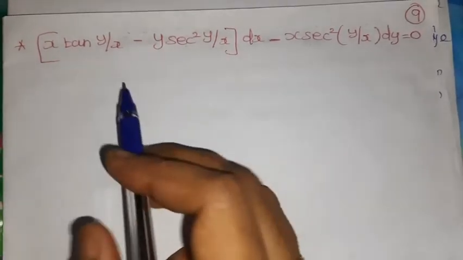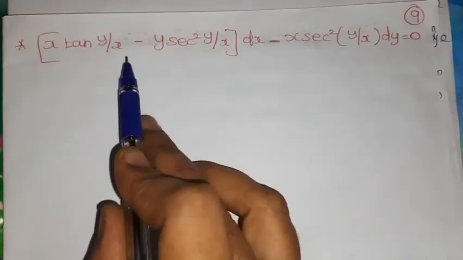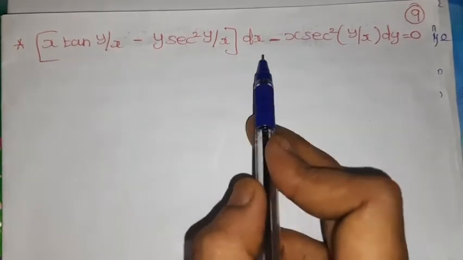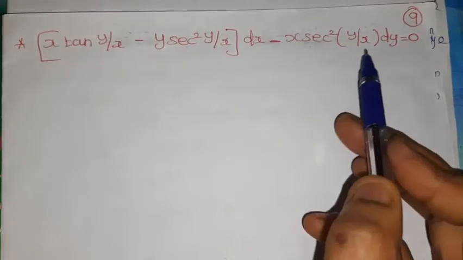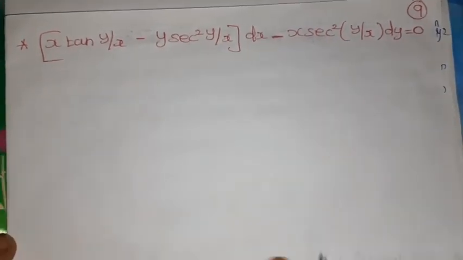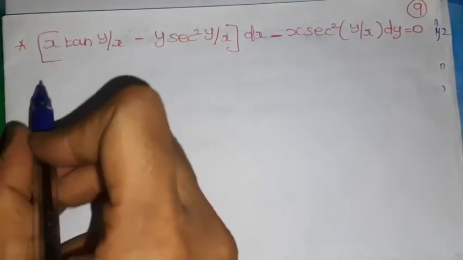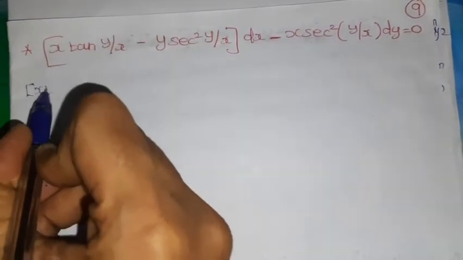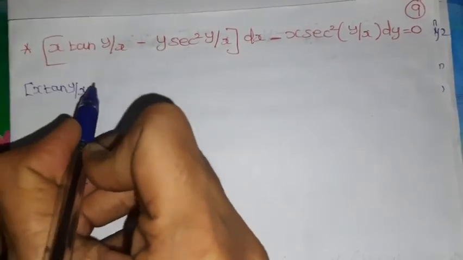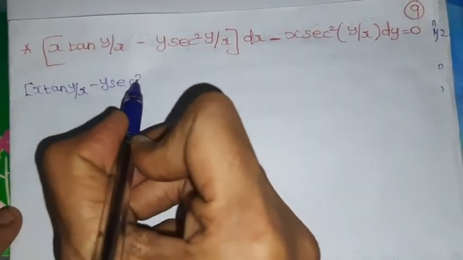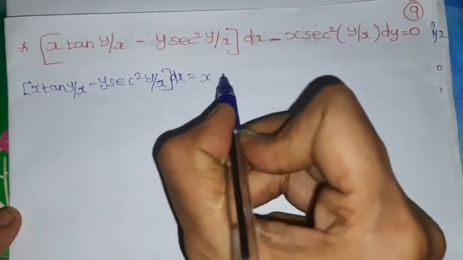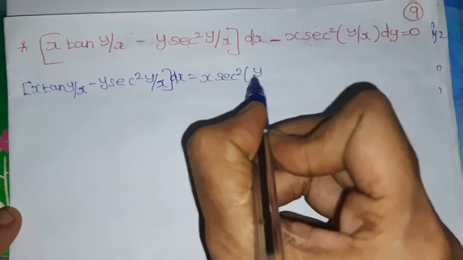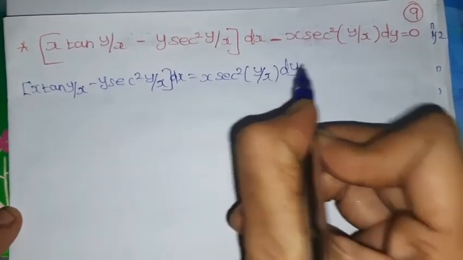x tan y by x minus y sec squared y by x into dx minus x sec squared y by x dy equals 0. So by splitting dx on one side and dy on one side, here x tan y by x minus y sec squared y by x into dx equals x sec squared y by x into dy.